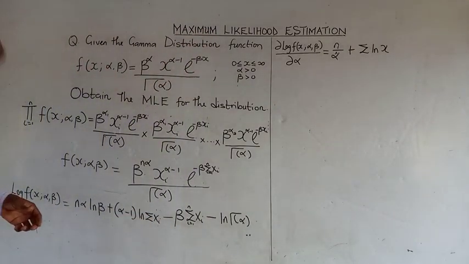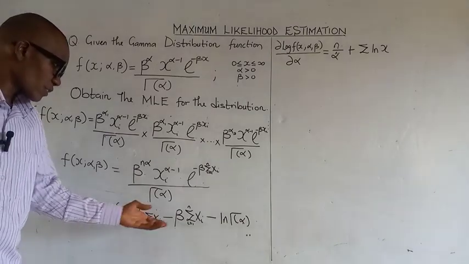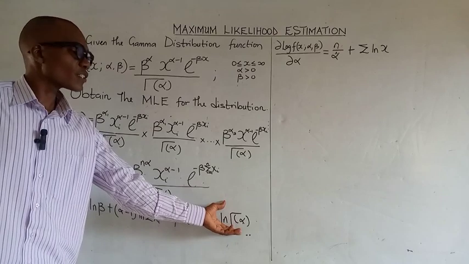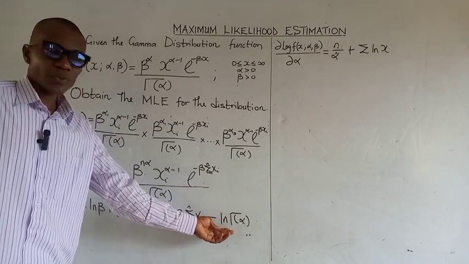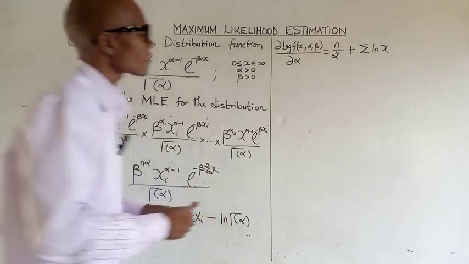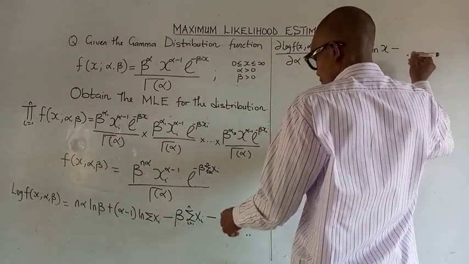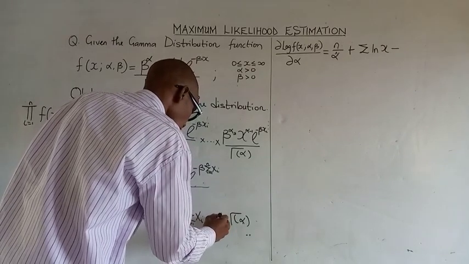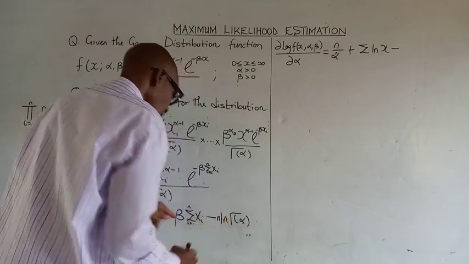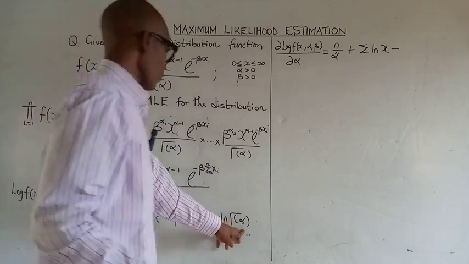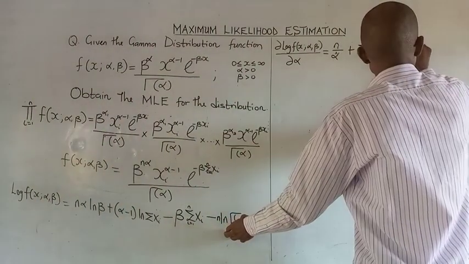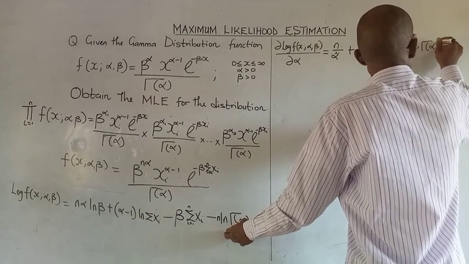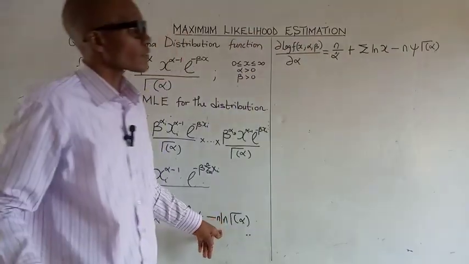And if we differentiate this, it turns to 0. And we bring this function, we can simply write it as, negative, sorry, as it's coming over here, is n, because it's a constant, n the gamma function. So we can write it as n, this.